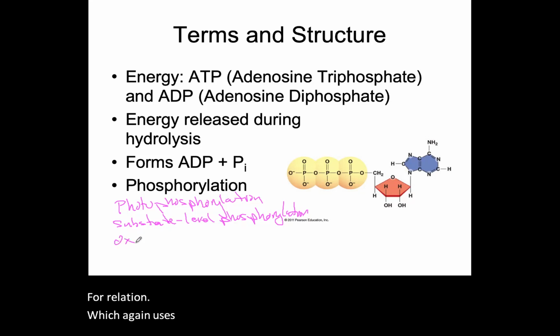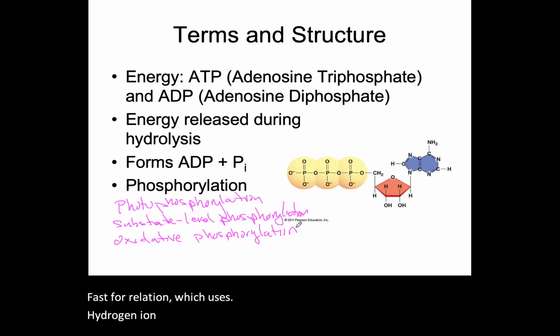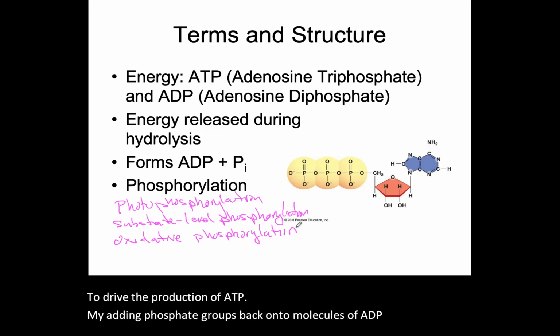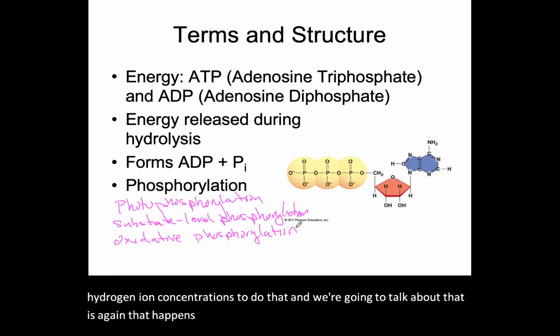And then we have this third type, oxidative phosphorylation, which uses hydrogen ion concentrations to drive the production of ATP by adding phosphate groups back onto molecules of ADP. We're going to talk about that. That happens during cell respiration. This is a Chapter 3 type of thing.